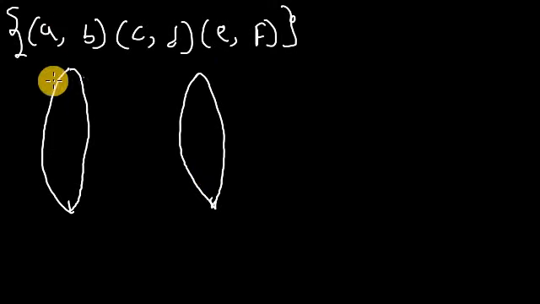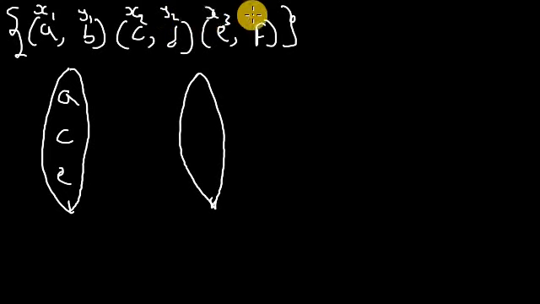For the first oval, the set of the input values is embedded, so this first input, second input, and third input: A, C, and E. And for the second oval, the outputs respectively are inserted: Y1, Y2, and Y3. So I should have B, D, F.